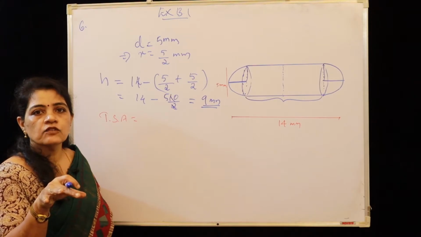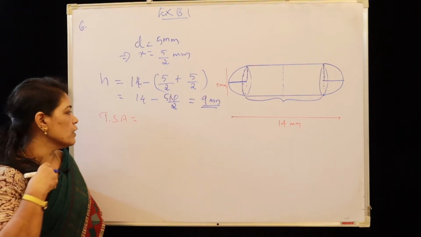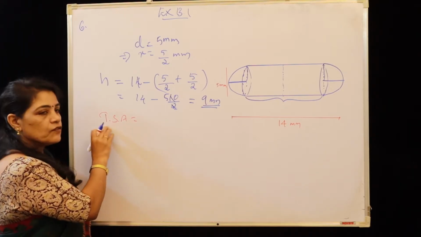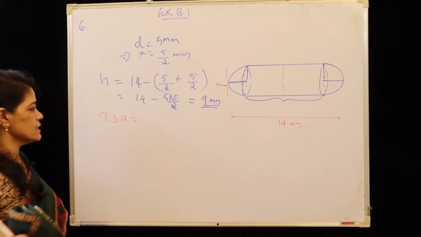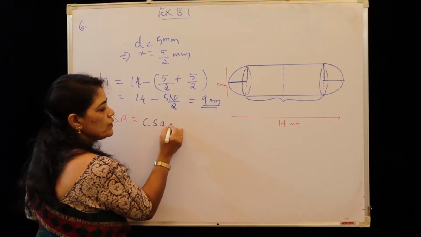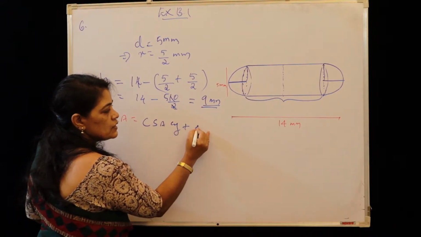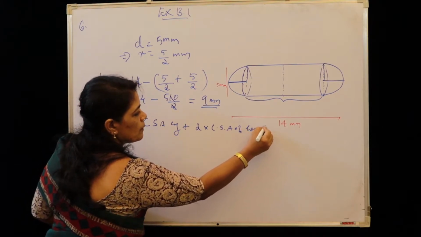Okay, so then you can substitute the values in the formula. That is, TSA of the capsule is equal to CSA of the cylinder plus 2 into CSA of hemisphere.